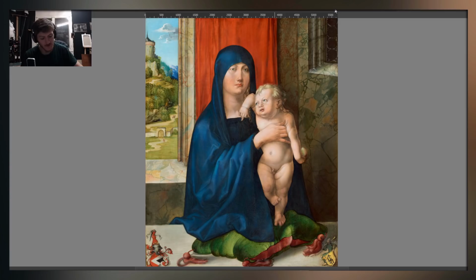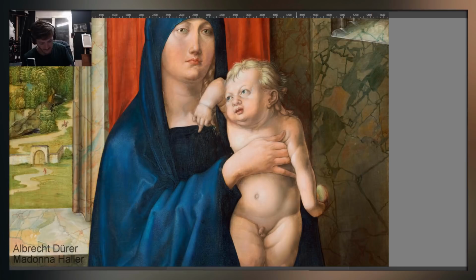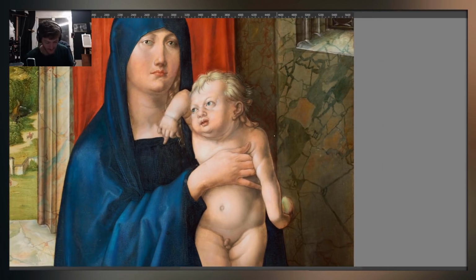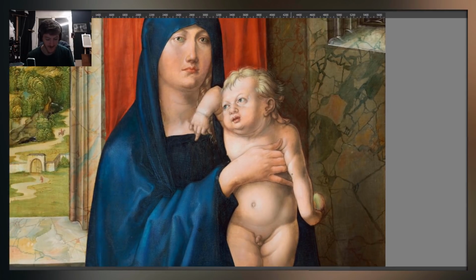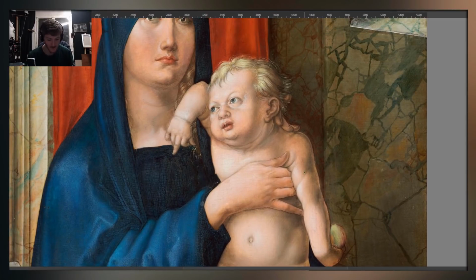Even great artists like Dürer did make some pretty creepy babies. If you look at this painting by Dürer, he was a great genius, but for this one he did not really paint that great of a baby. But maybe the baby he had as a model actually looked like this. This is possible because babies spend their entire time making weird faces, taking weird gestures, making all sorts of weird things.